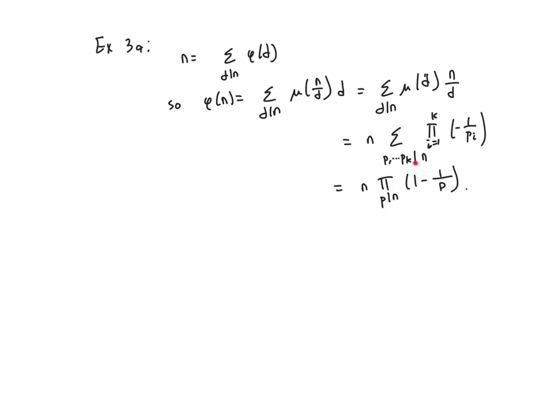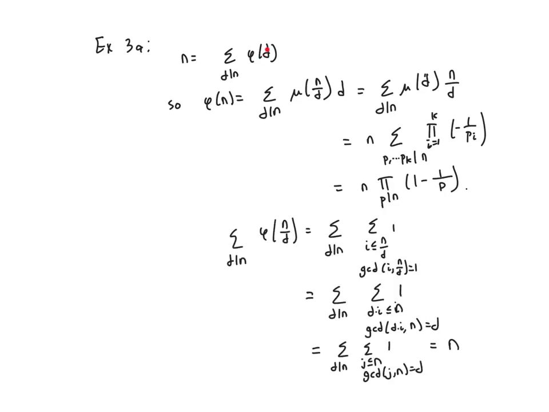That corresponds to picking k distinct prime divisors and multiplying them together, multiplying -1 over pi for each of them. And for the other terms, you're taking the left factor, which is 1, so it doesn't pop up in this formula. And so we've derived our formula for the Euler-Phi function using just Mobius inversion. It's debatable which approach is nicer.